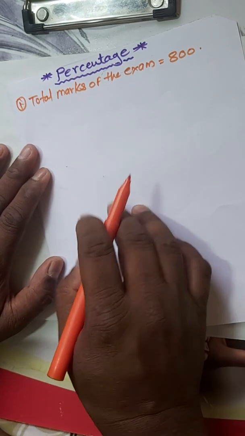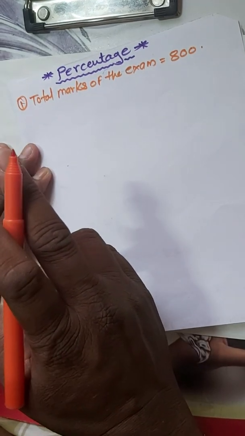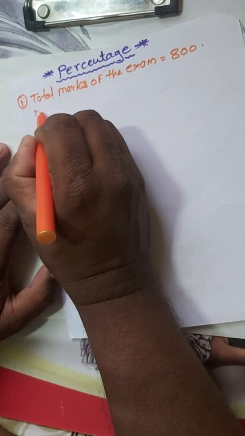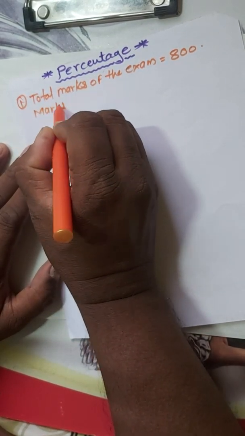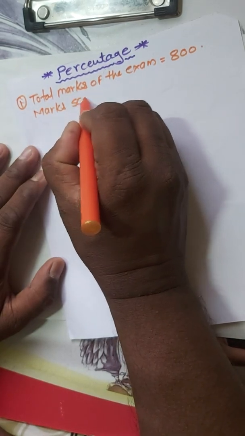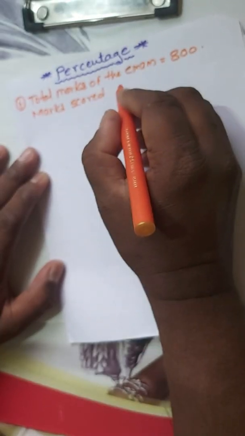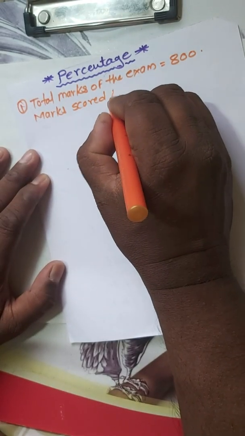Then how many marks did she get? 736. So we have to write marks scored, or marks got. Here score is given, that's why we use the word scored by Shabana.